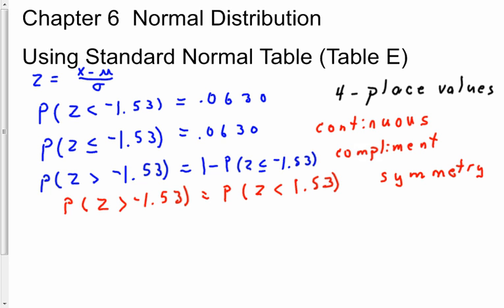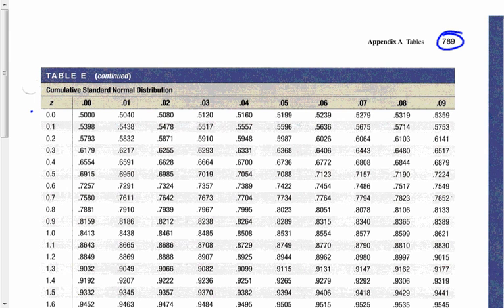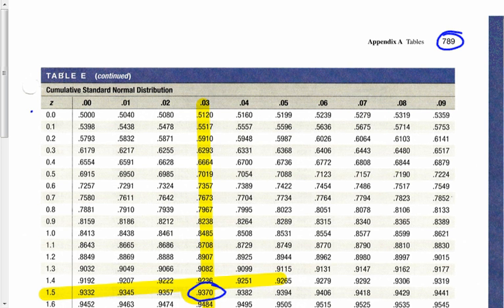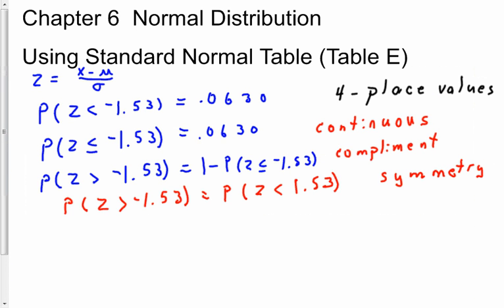If you look on the positive scores there, at 1.53, you'll notice the .9370 as the positive z probability.